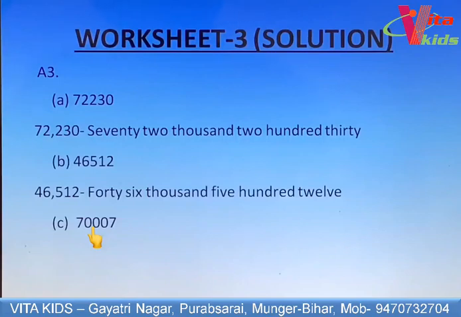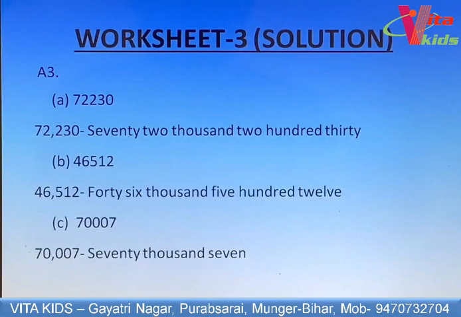And then we will read the number and then write it. It will be read as seventy thousand seven. The D part, 39000. Here again we will separate the digits based on the periods. It will become 39,000 and it will be read as thirty-nine thousand.